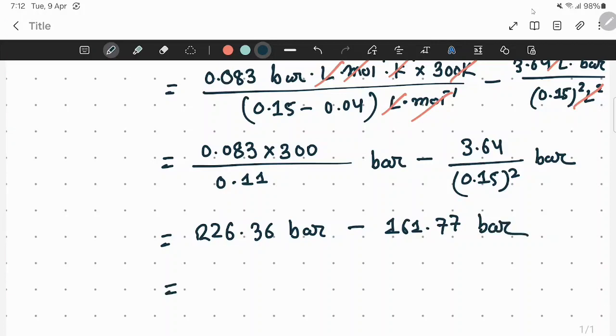Okay, that's correct. Now subtracting, it is eventually 64.582 bar. Okay, so this is our answer.